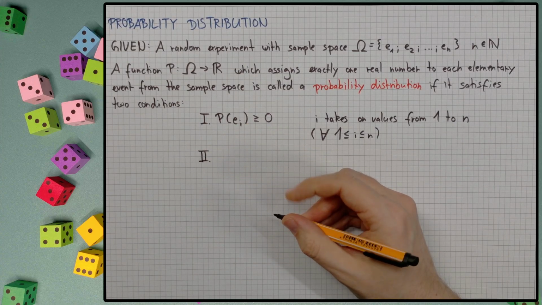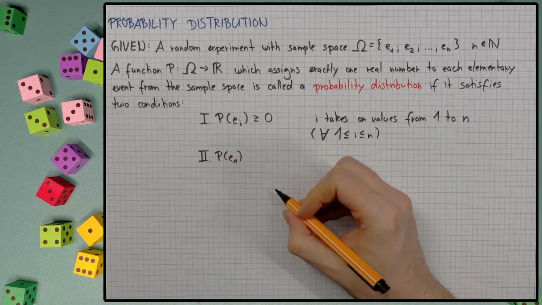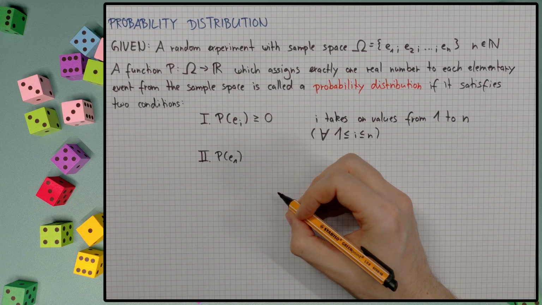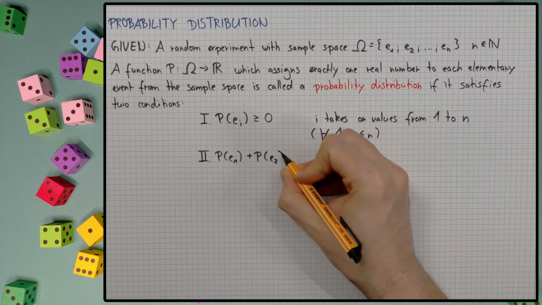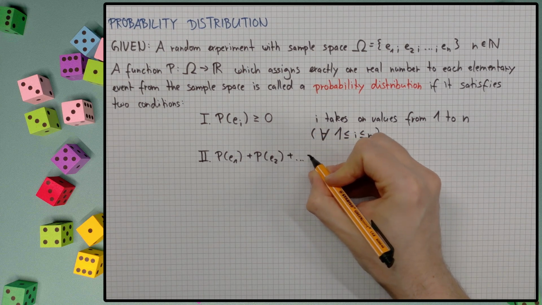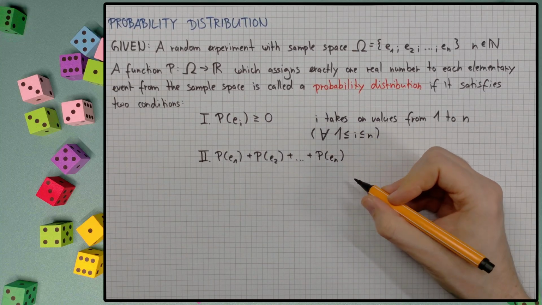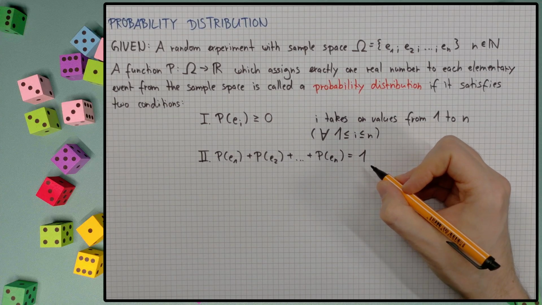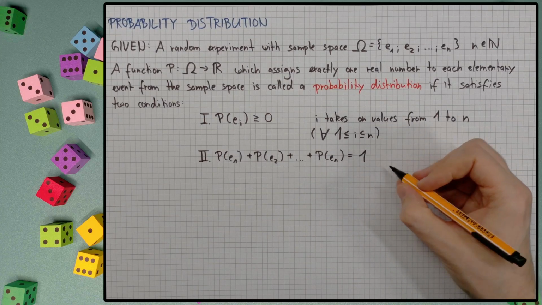The second and last condition. If we add up the probabilities for every single elementary event, so P of E1 plus P of E2 all the way to P of En, we want these to add up to exactly 1.